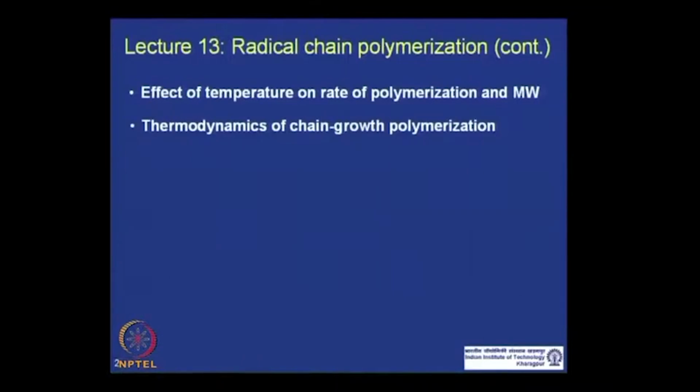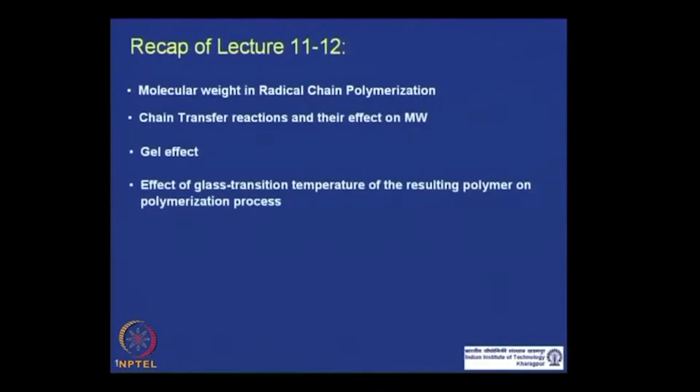Before I start this subject, let me recap what we discussed in the last two lectures. We discussed the various types of chain transfer reactions possible in radical polymerization and their effect on molecular weight.